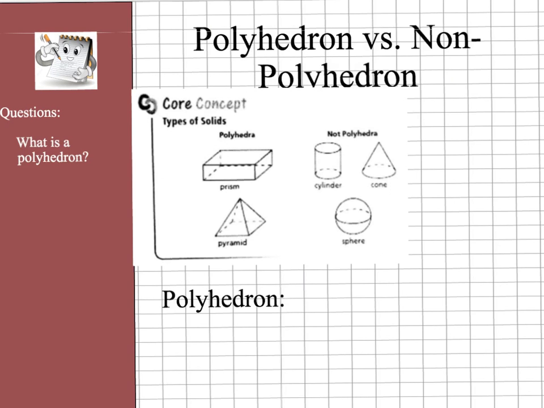A polyhedron is a figure with 4 or more polygons that intersect at the edges.